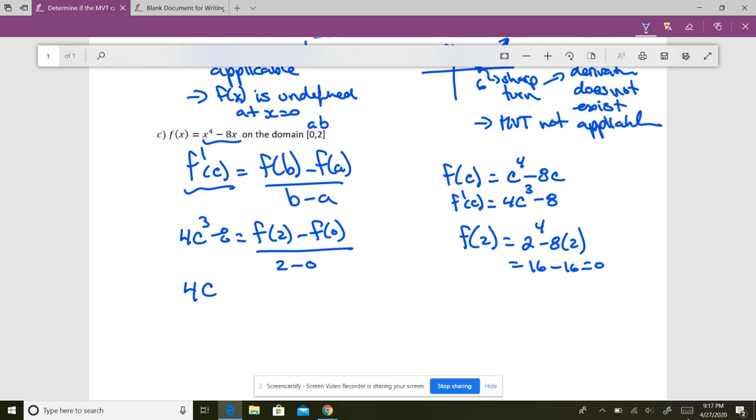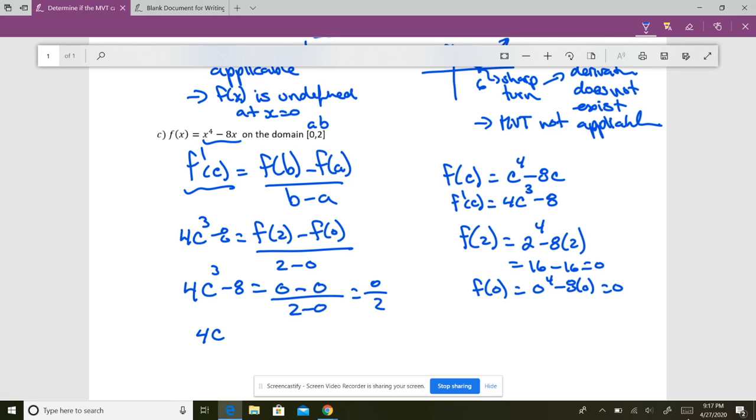So we have 4c cubed minus 8 equal to 0 minus, now if I put f of 0 in there, I'm going to get 0 to the 4 minus 8 times 0, which is 0 as well. Makes our life a lot easier. So the top is 0 over 2, so it's just 0.